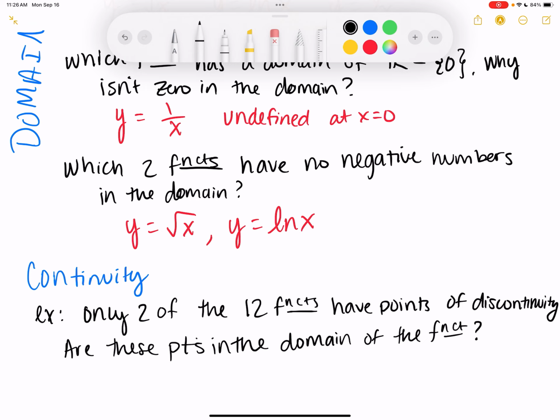So, what is a point of discontinuity? What does that mean? Where it doesn't continue, okay? Either there's like a gap and it continues somewhere else, or there's like an asymptote there. That's a type of discontinuity.